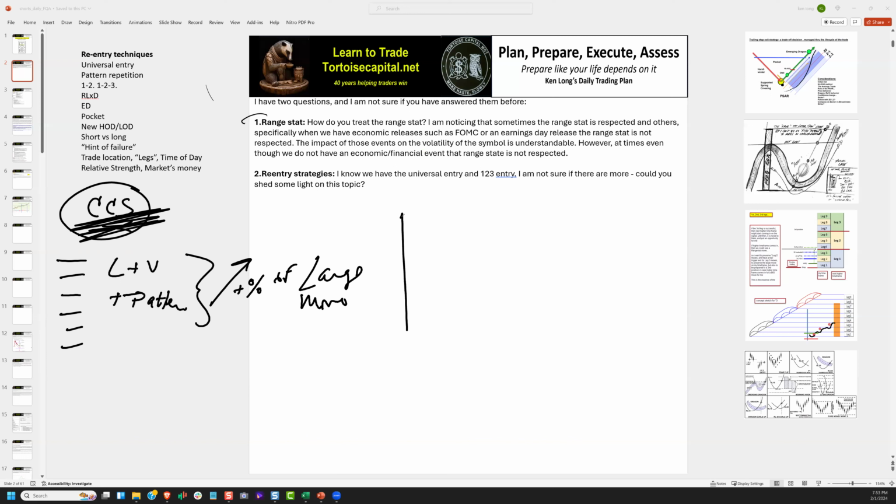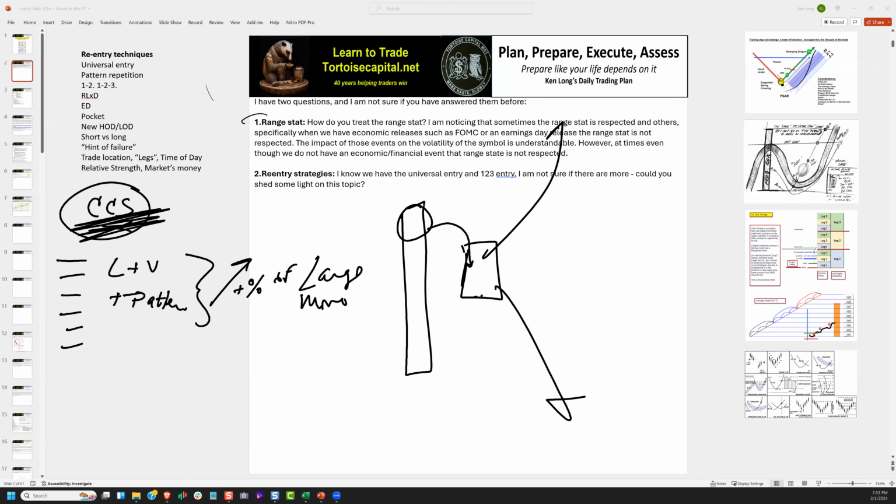I'm trying to take a look at my 60 symbols and put the ones into the box that are more likely to have great big breakouts in either direction. So if I can pick the top 10 that are most likely to have big moves, and then I can start with the gap and then start looking for patterns, I have a greater than normal probability of a larger than normal move in either direction in short periods of time.